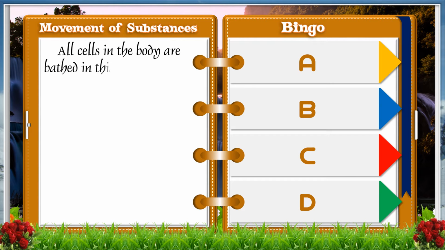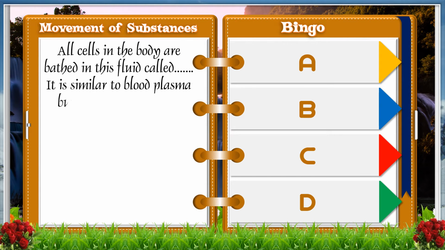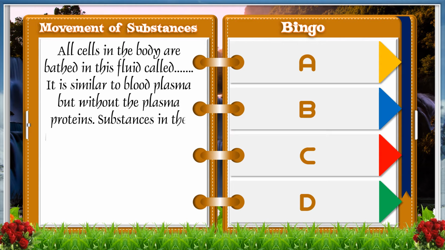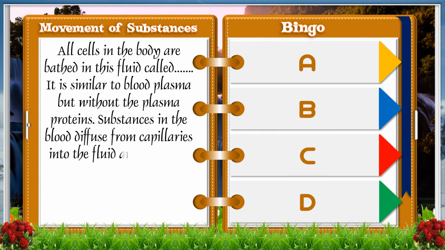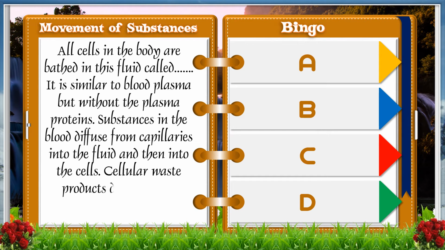All cells in the body are bathed in this fluid called dash. It is similar to blood plasma, but without the plasma proteins. Substances in the blood diffuse through capillaries into the fluid and then into the cells.